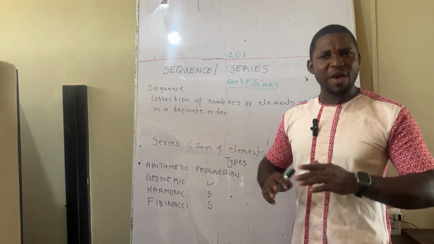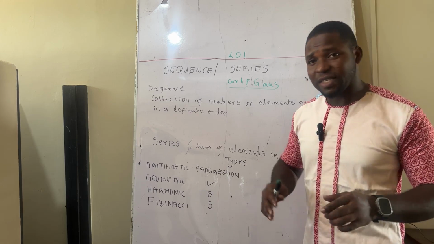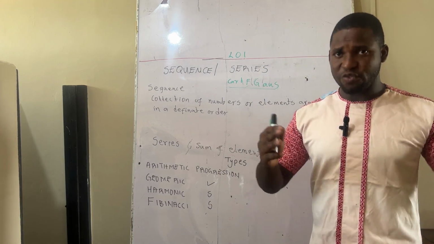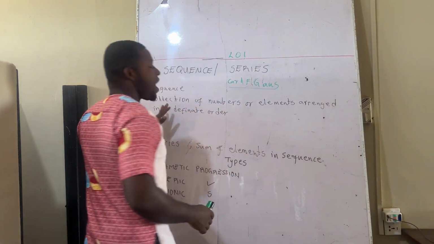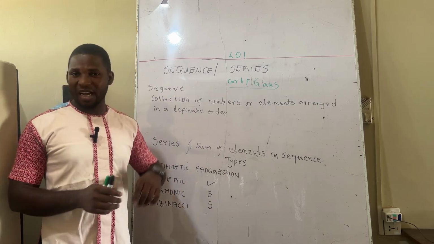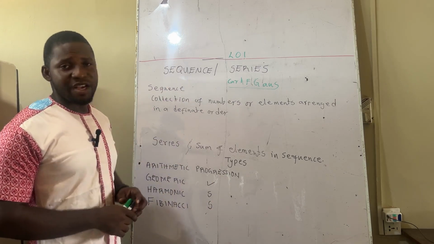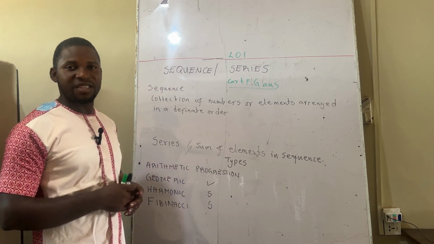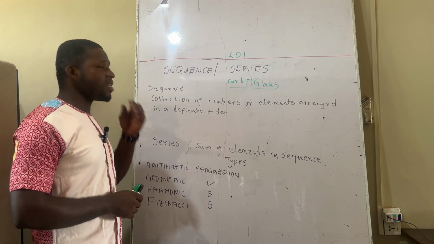He contributed much to mathematics and physics, and this is one of his contributions. He was asked a question in a class, and that is why he came up with sequence and series. We will look at these things later, but let's look at sequence and series.